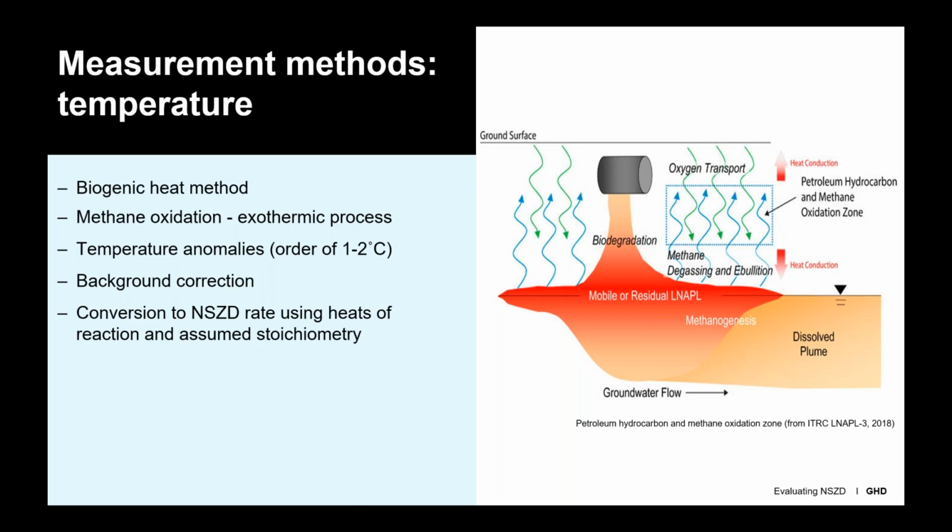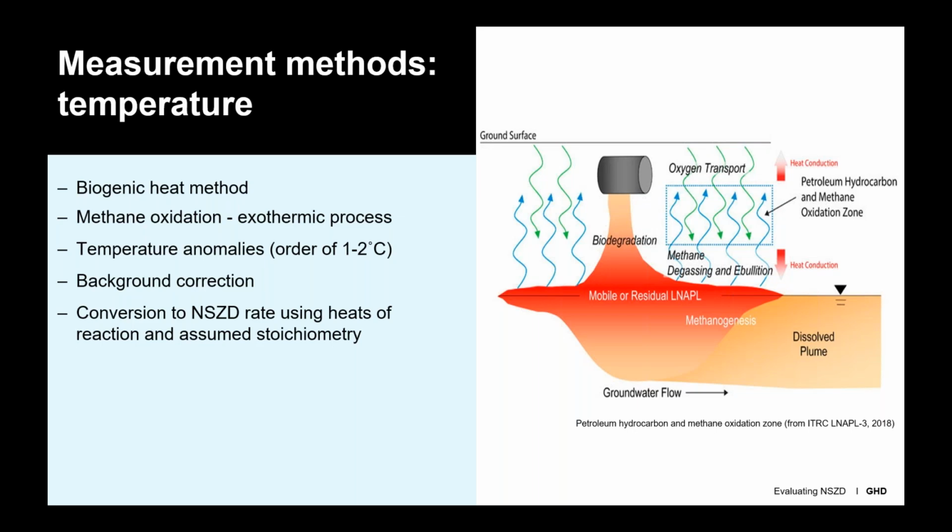The methane oxidation process is an exothermic process, and as you can see in the diagram on the right, with methane oxidizing in that zone, you end up with heat conduction to the surface as well as downward. So you've got heat rising off of that methane oxidation zone. Some of it is going to be traveling up to the surface and some of it is going to be traveling down, so above and below that methane oxidation zone.